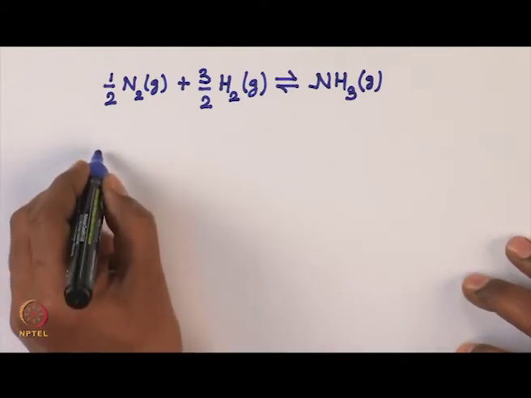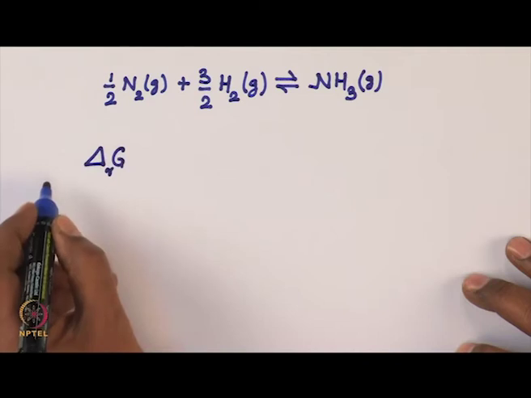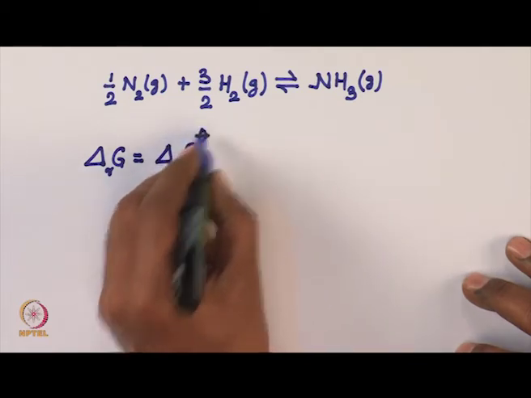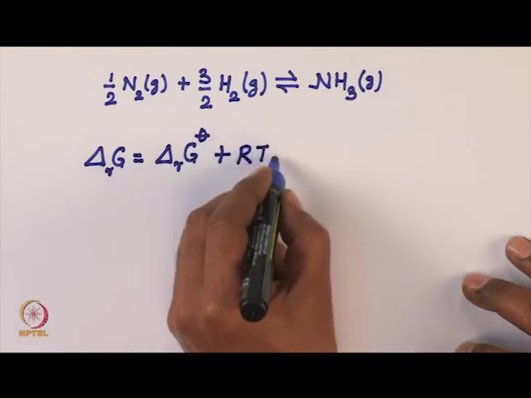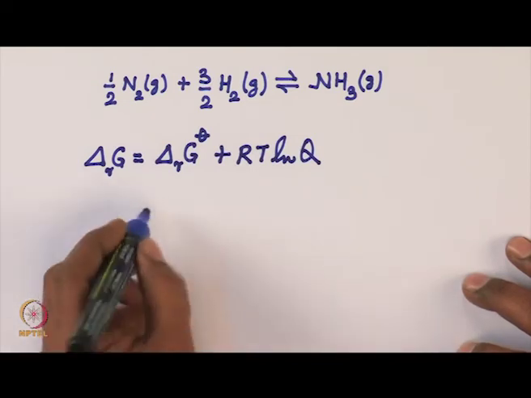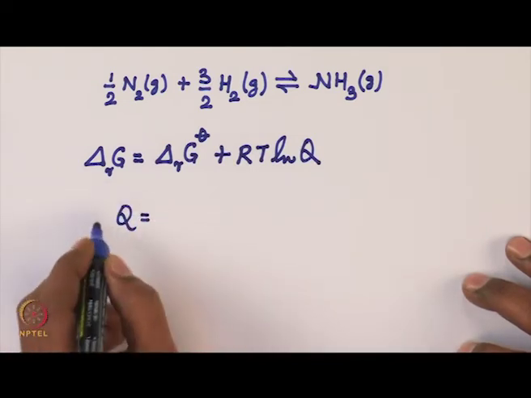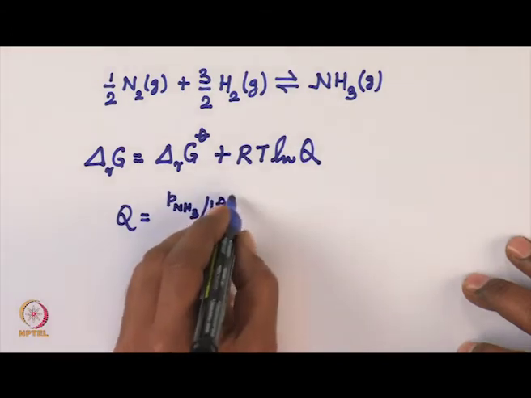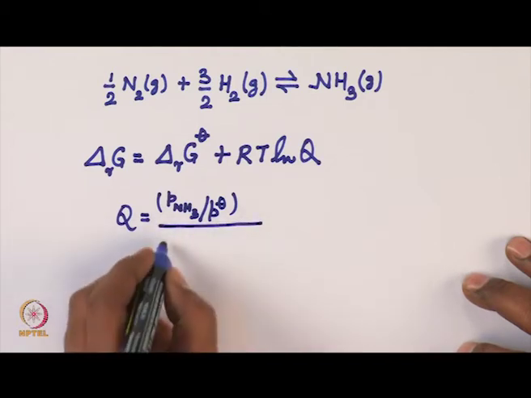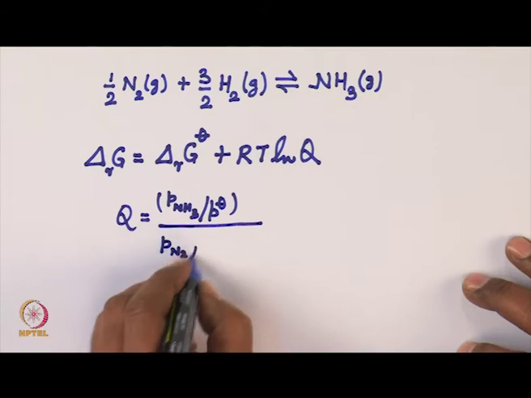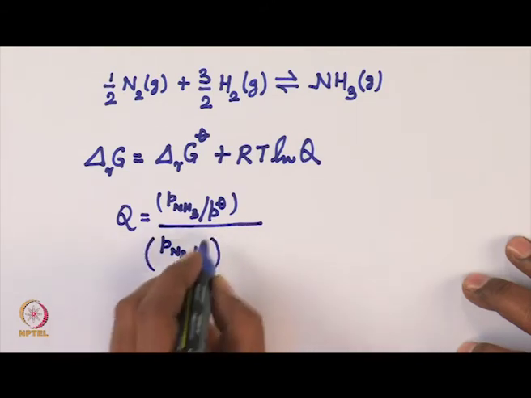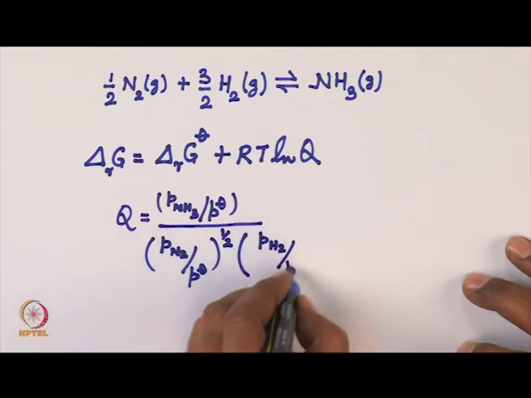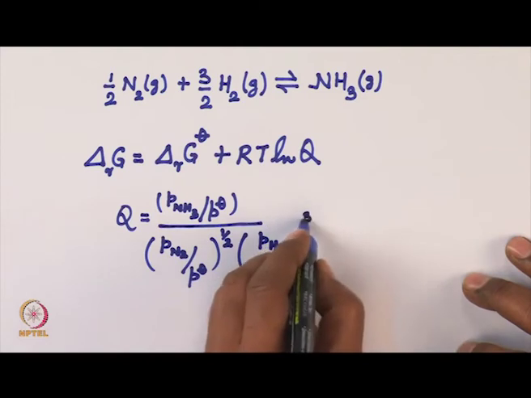For this reaction, I can write the reaction Gibbs energy is equal to delta R G naught plus RT log Q, and Q will be equal to the partial pressure of NH3 by P naught, divided by the partial pressure of nitrogen by P naught raised to the power 1 by 2, into the partial pressure of hydrogen by P naught raised to the power 3 by 2.